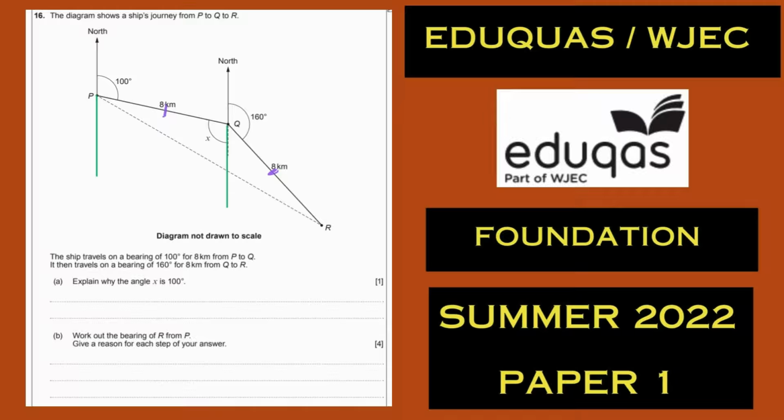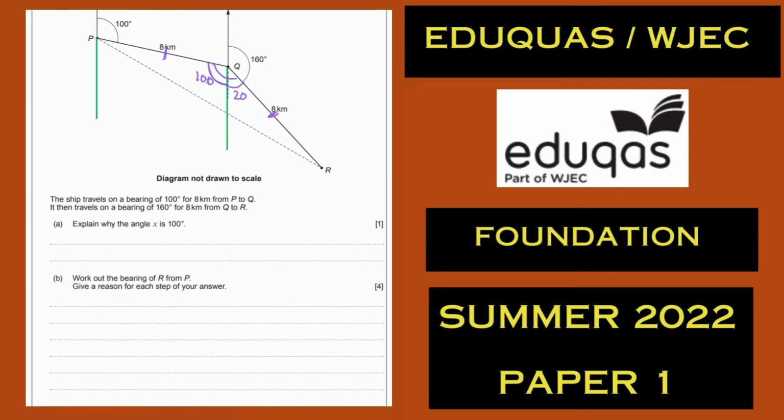Firstly, the angle PQR, if that's 160, that's 20. Because north-south or angles on a straight line must add up to 180. We know what x is. Part A explained that. So at the vertex of this isosceles triangle, you know that the angle is 120.